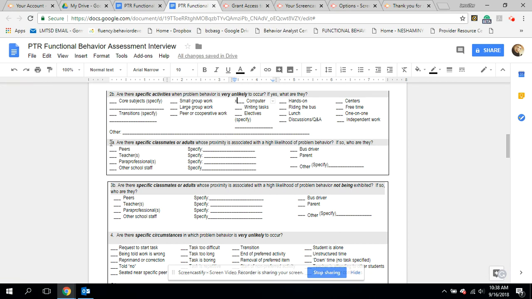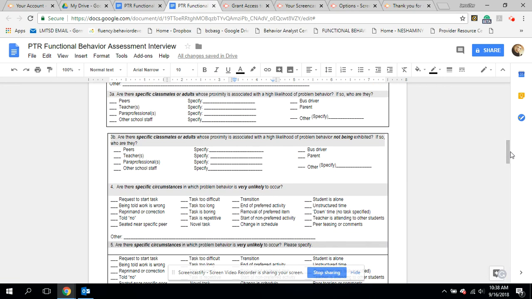3A: are there specific classmates or adults whose proximity is associated with a higher likelihood of the problem behavior occurring? You can put a mark there. You can put an X, or you can put the corresponding number, whatever you feel more comfortable with. If there really isn't anything you can add to this, let's just say you don't know if it's really something you see with close proximity, then you can just leave it blank.